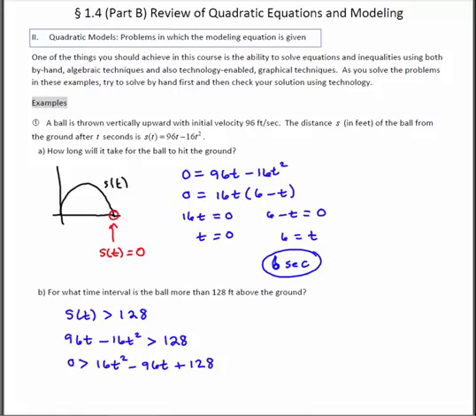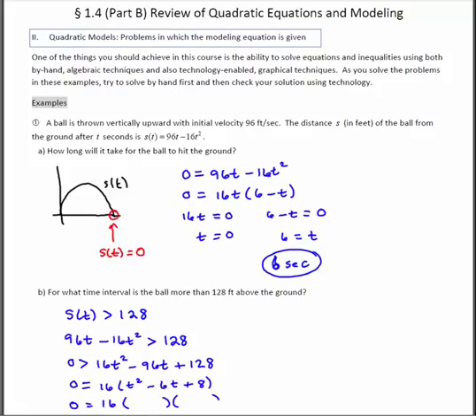Looks like all of my coefficients are divisible by 16, so let's try factoring and see if it gets us anywhere. We're now going to solve the related equation, 0 equals, and I'm going to factor the 16 out first of all, which gives me t squared minus 6t plus 8.